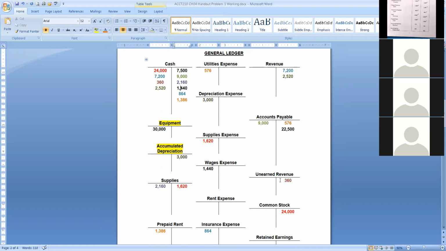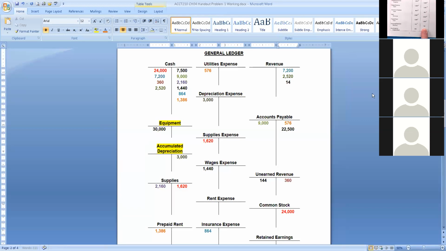Unearned revenue has a debit of 144. And revenue has a credit of 144.